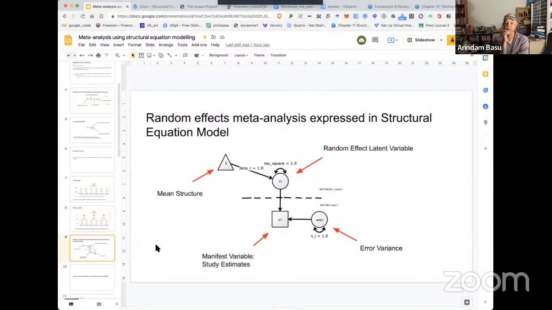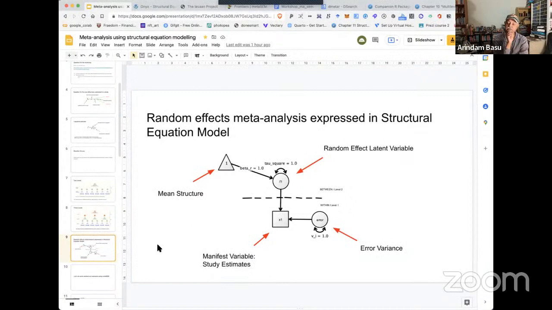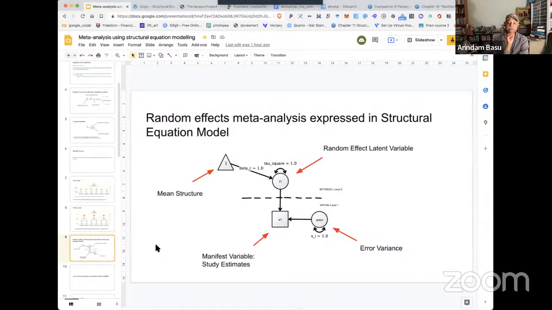And that F1 that you get to see is what is known as an unobserved or latent variable. This variable is not something that we get to see. We do get to see the square box, which is our point estimate of an individual study, but we do not get to see from where those observed variables arise. So basically, this is why that circle, which is an unobserved or latent or hidden variable, then explains the variation in the manifest variable.